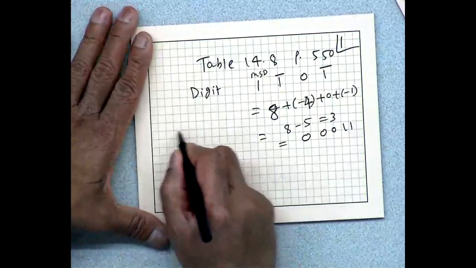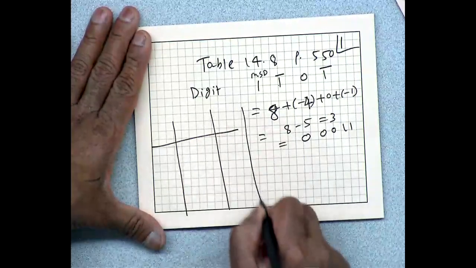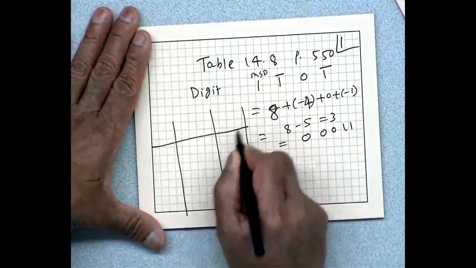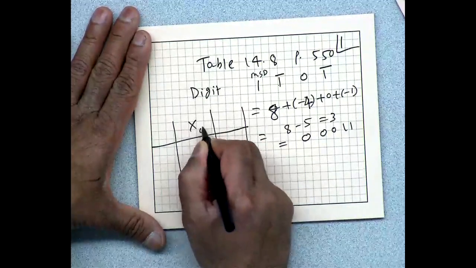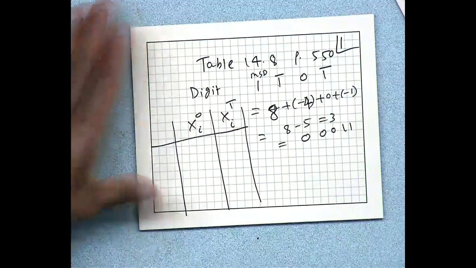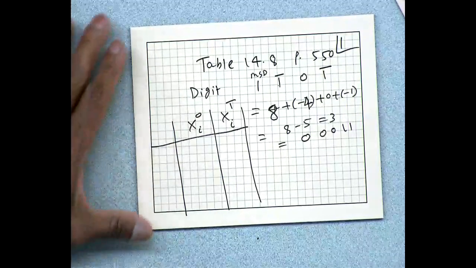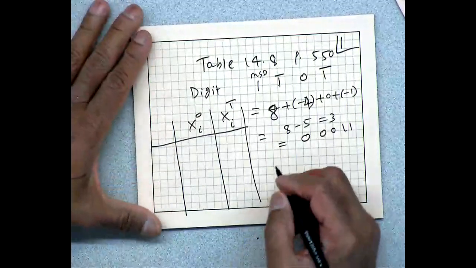So now let's try to see. We are going to process. We are going to compute x_i 0 and x_i 1 bar. So we are going to compute in parallel, assuming the carry input is 0 and the carry input is 1 bar.